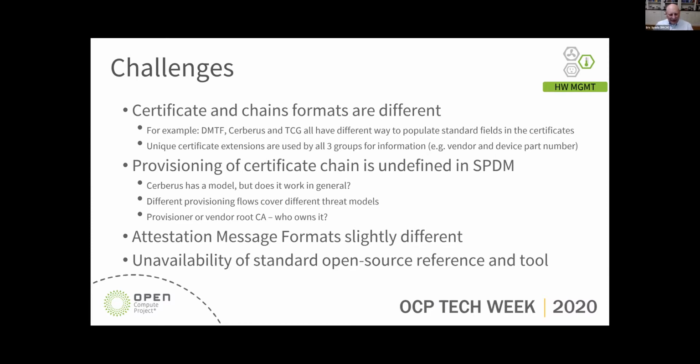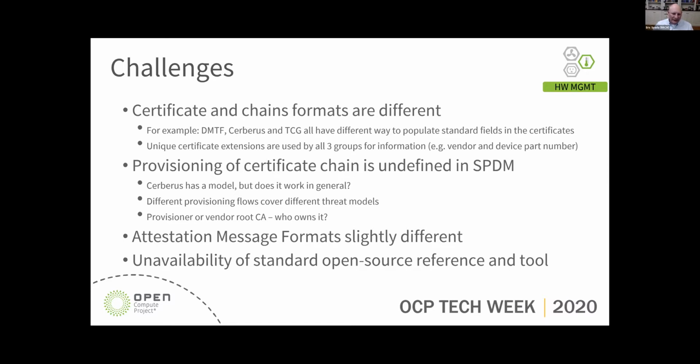And then the final two things I'll talk about quickly: the attestation messages are similar, but they're different. There's also very little guidance as to what you measure and how you do the measurements. Cerberus is a little bit more prescriptive because it builds upon the TCG PCR, the platform control register model, that does a hash and extend.